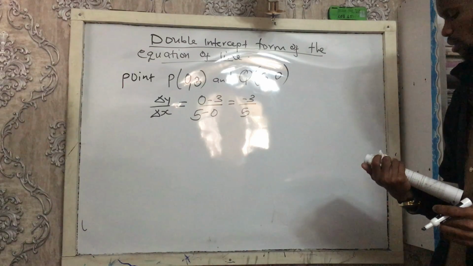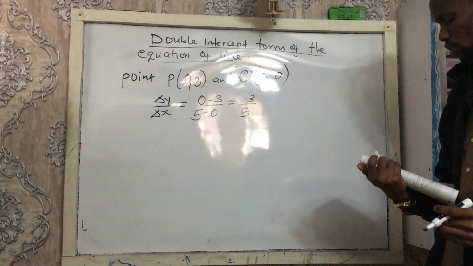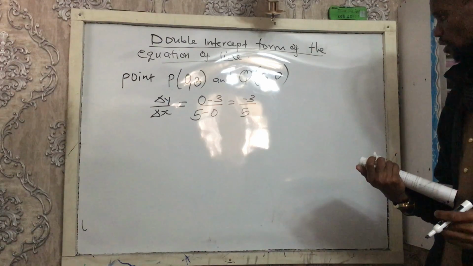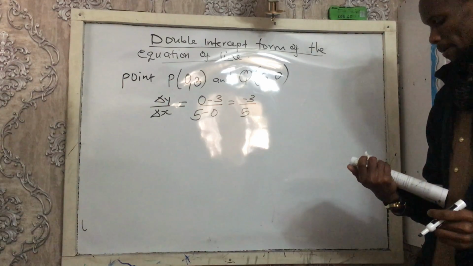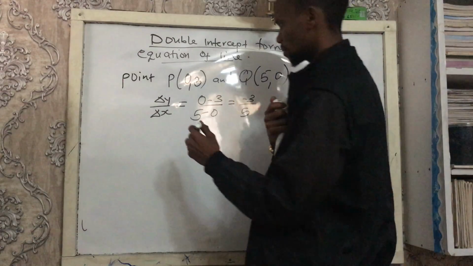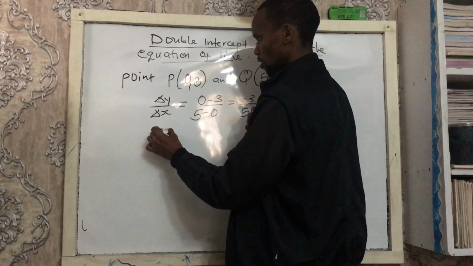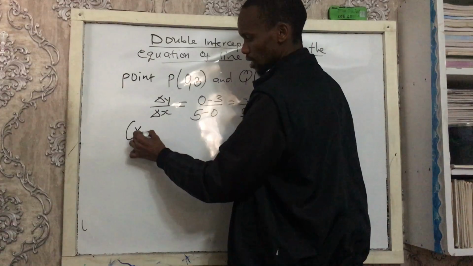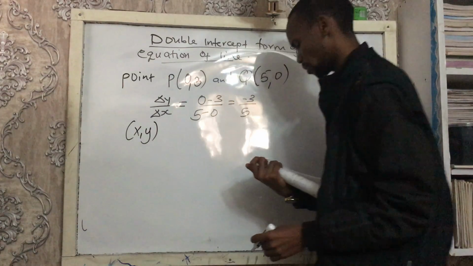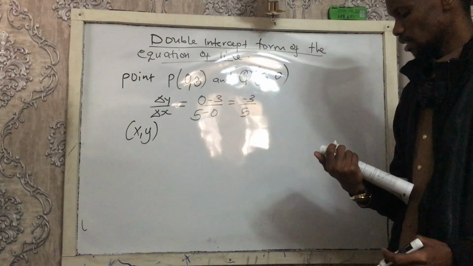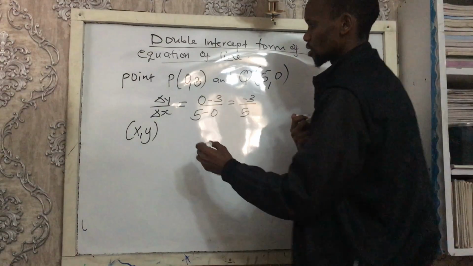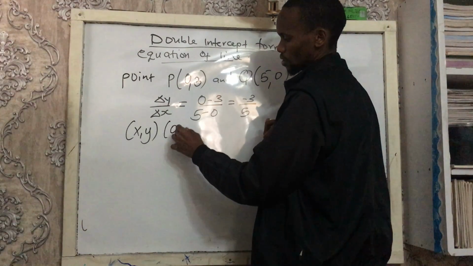Now let's get the equation of the line. I can take any point (x, y), and then I take maybe a point like (0, 3).